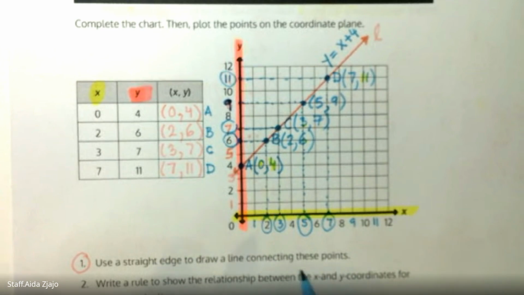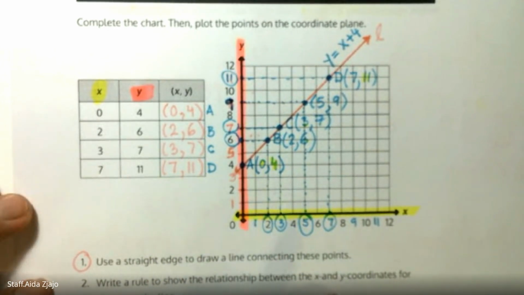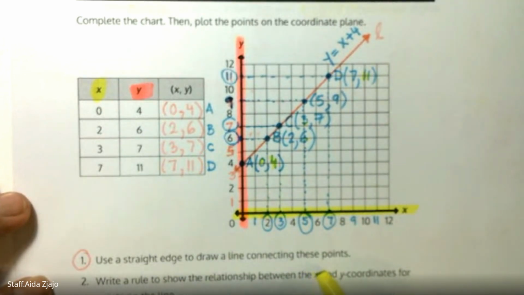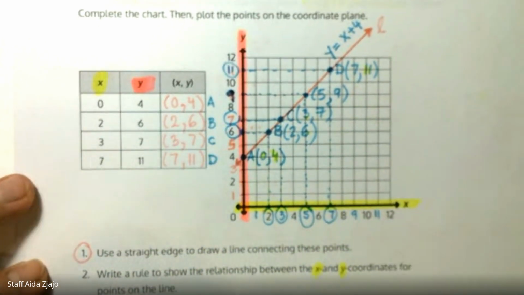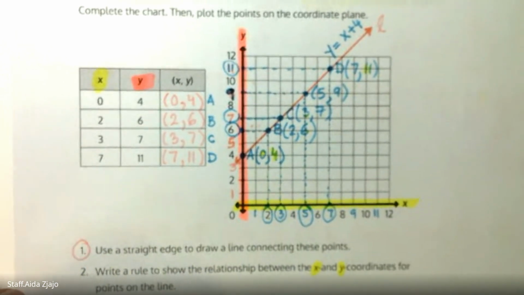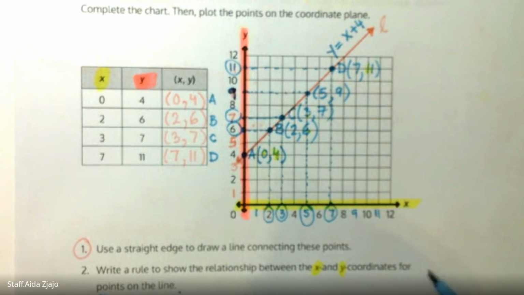So, write a rule to show the relationship between the x and y coordinates for points on the line. So every y is x plus 4.